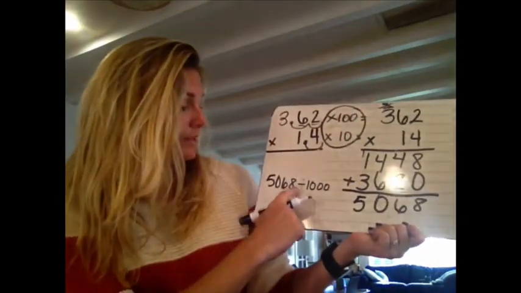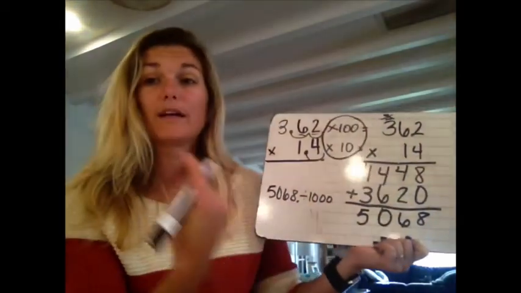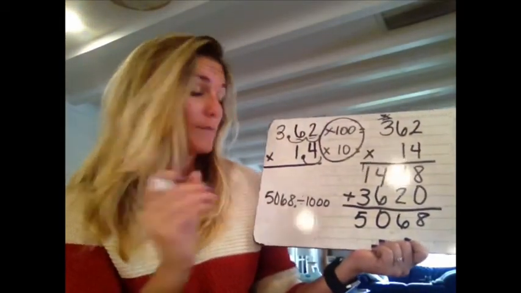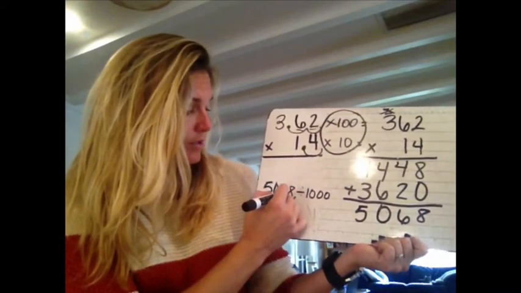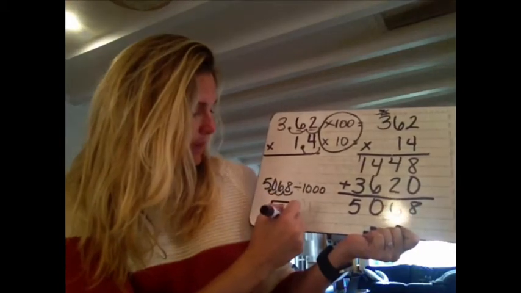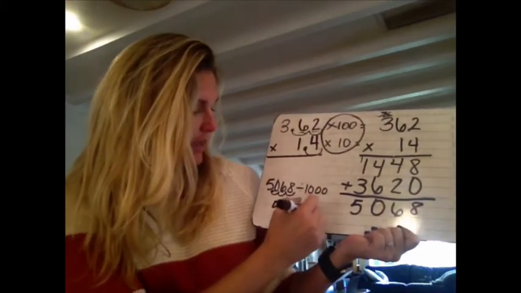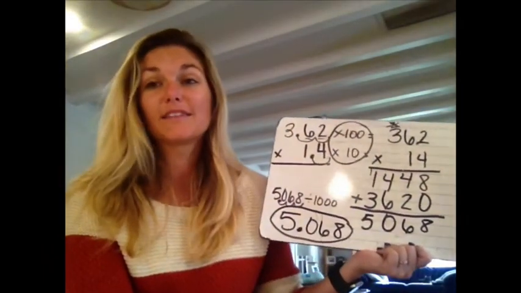So no decimal in sight, place it to the right. Because I'm dividing, it's going to move my decimal left. My number is going to get smaller. So it's going to go left 3 places. 1, 2, 3. So I have 5 and 68 thousandths as my answer.